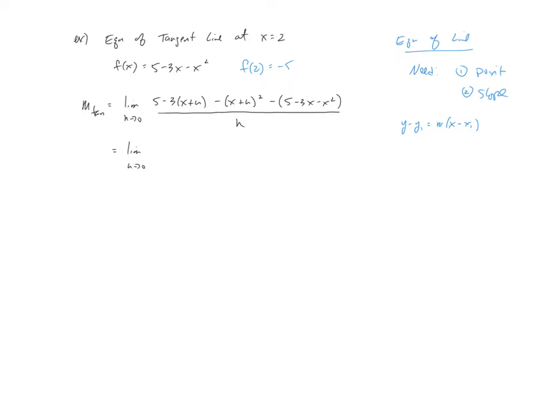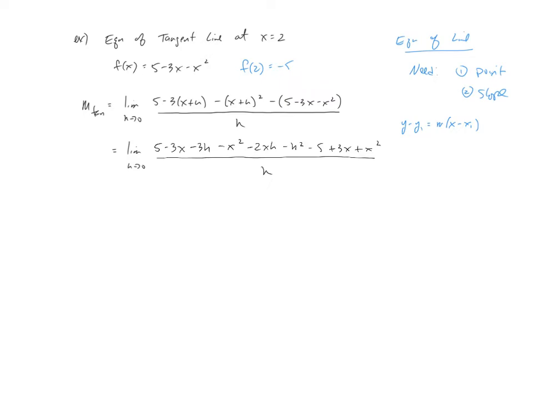So here, I'm going to distribute the negative 3, also the x plus h squared as well as the negative, and this negative as well. So I'm going to have a big long list of things on top. So I've got 5 minus 3x minus 3h minus x squared minus 2xh minus h squared minus 5 plus 3x plus x squared, and that whole thing is over h.